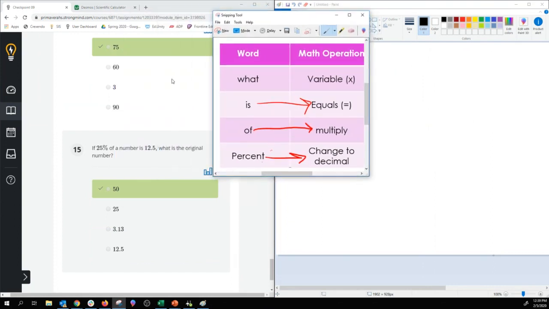So if 25% of a number is 12.5, what is the original number? 0.25x is equal to 12.5.